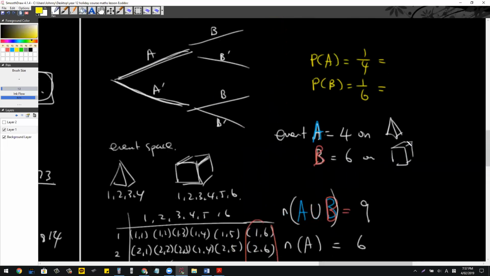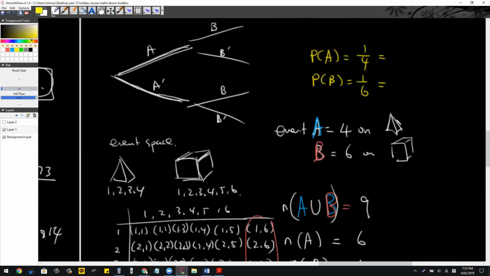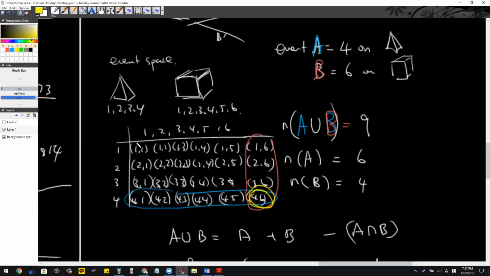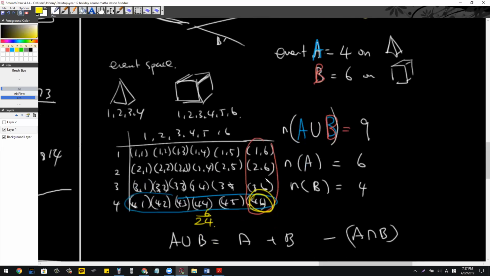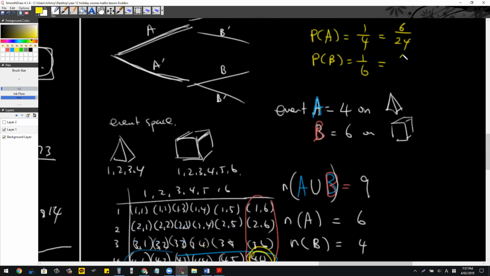If you look at this, there are 6 outcomes, so getting a 6 on the 6-sided die is 1 out of 6. But if you look at this whole thing, the total is 24, and out of that, the blue takes up 6 of them. So 6 out of 24 is also 1 out of 4. And 1, 2, 3, 4, that's 4 out of 24, which is also 1 out of 6.